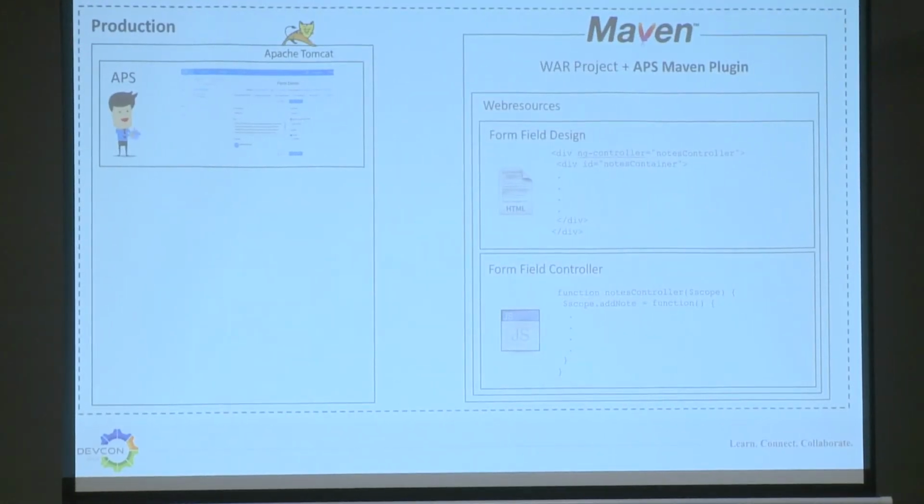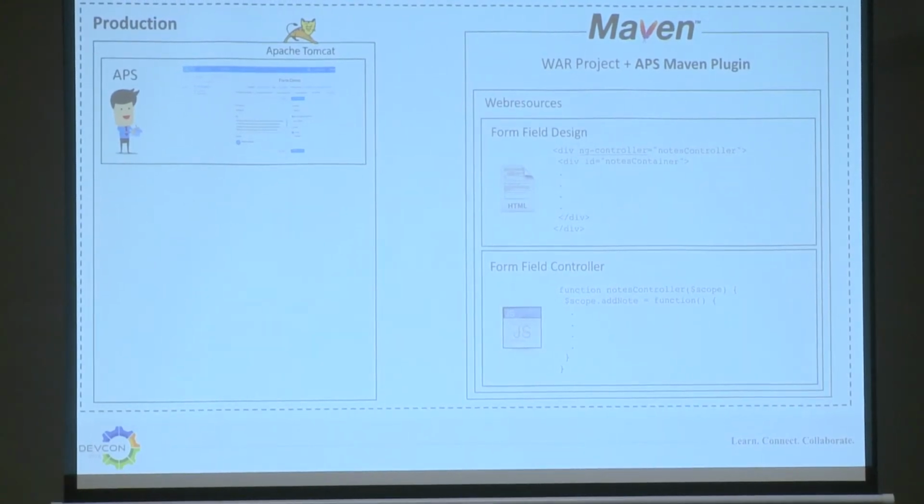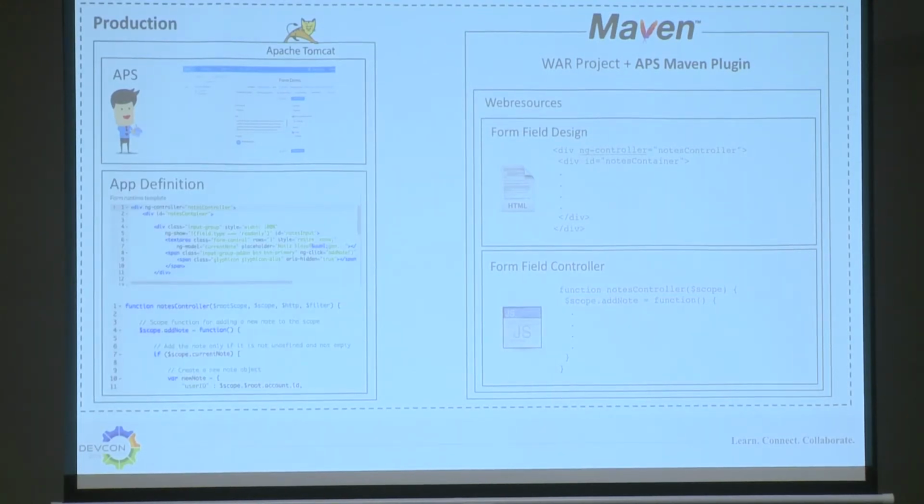We have on the right side our Novum project with the files for the design of the controller. And on the left side, instead of our running APS application for development, we have our running application for the production side. And on the production side, as already mentioned, we want to have an app definition which has the actual code inside in order to support versioning.